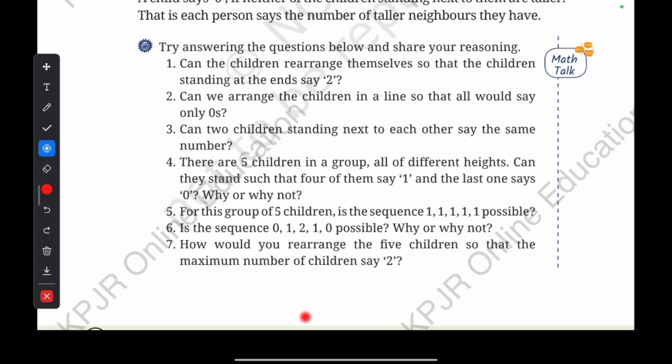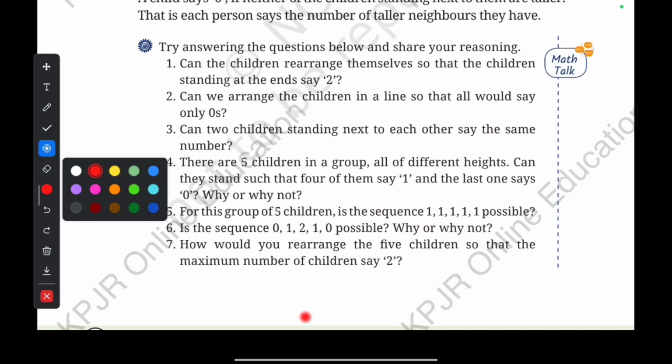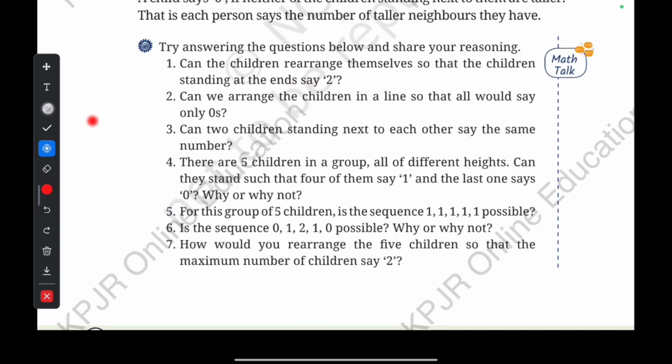So for example, using heights with 5 as the tallest down to 1, we will write from 5 to 1. The child with height 1 is arranged between 4 and 5, so that they say 2.